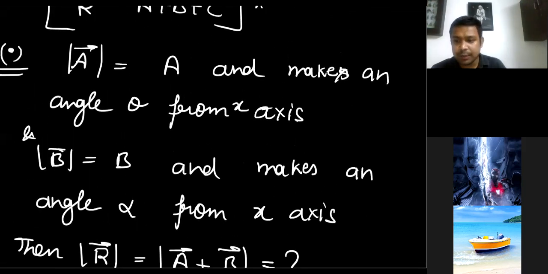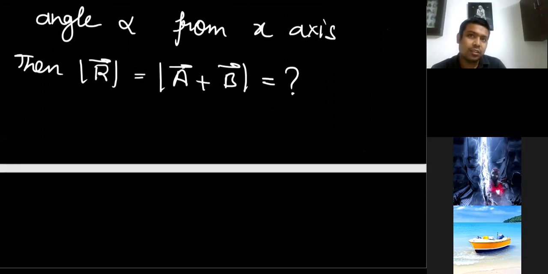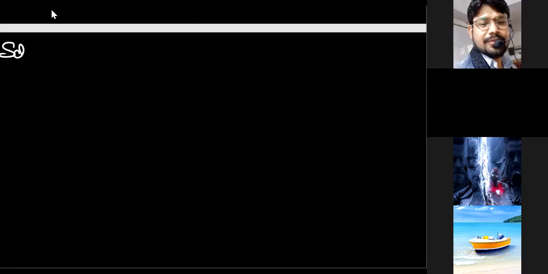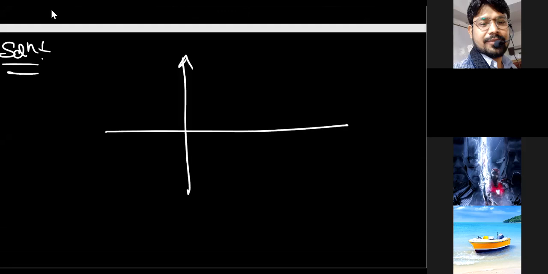First of all, my dear friends, for solving such questions, please draw the x and y coordinates. Please see very carefully. In the x and y coordinates, draw the vector A. So this is vector A, which makes an angle theta from the x-axis.